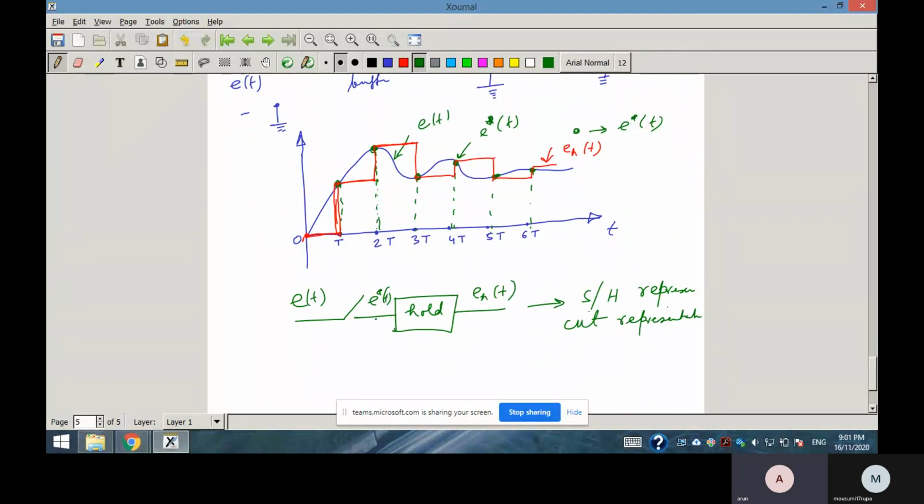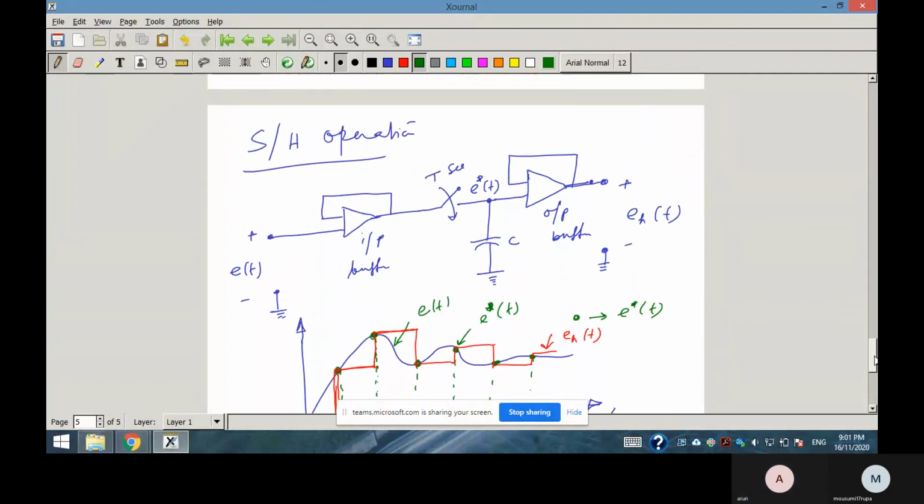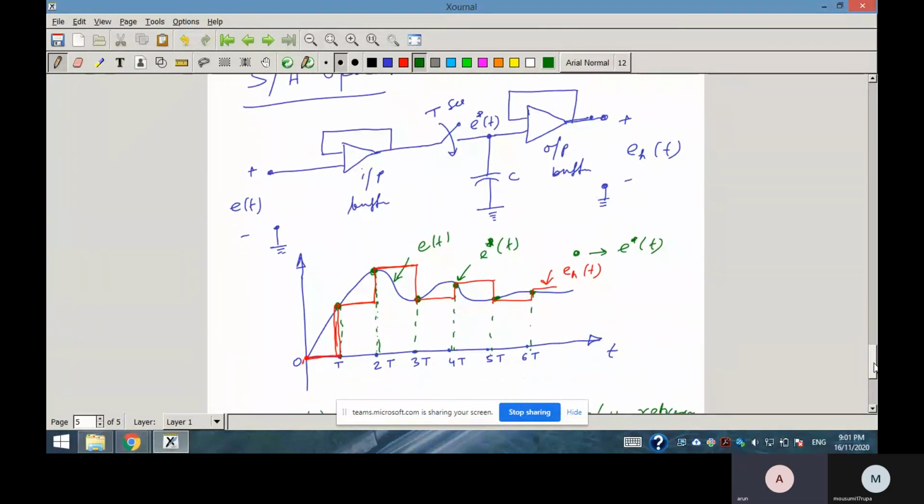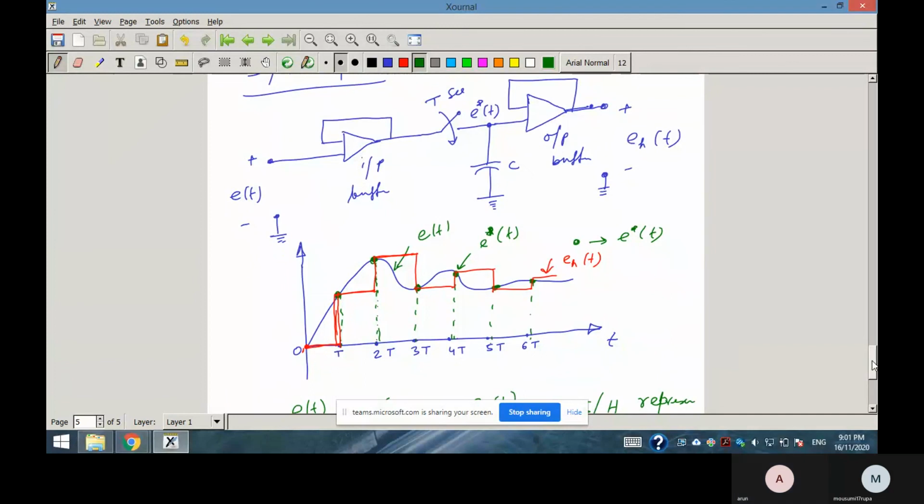So there are many things in sample and hold. Whatever is needed, that I am just trying to say. The only thing is that because of this output buffer, the output will be held constant.